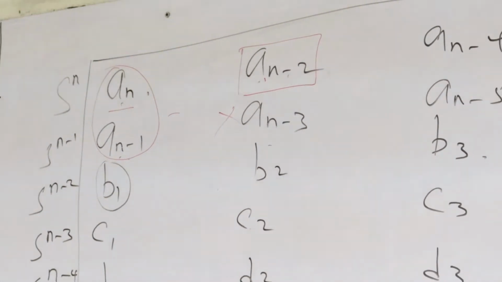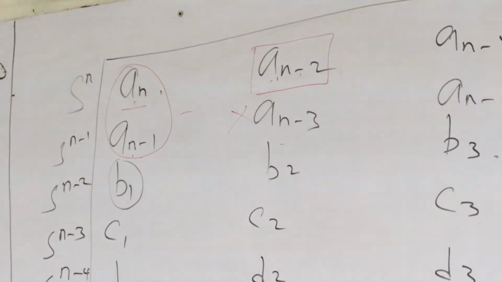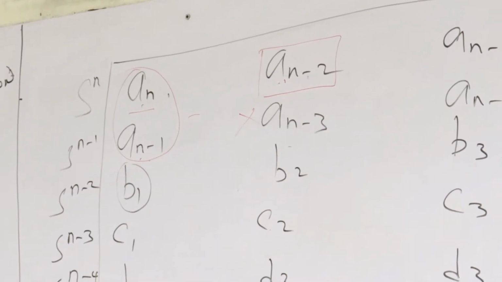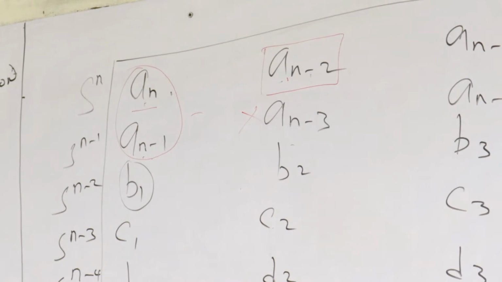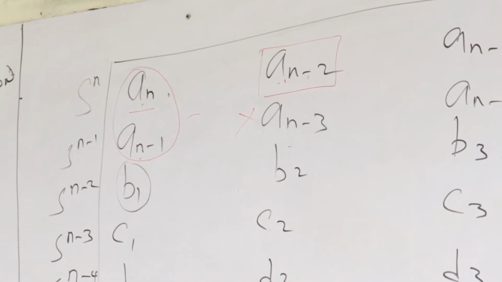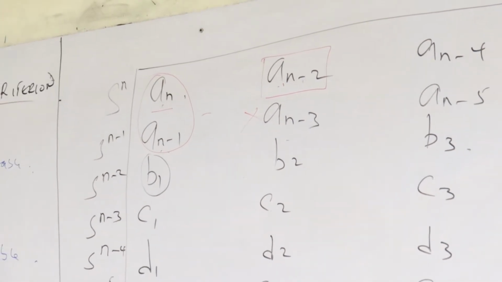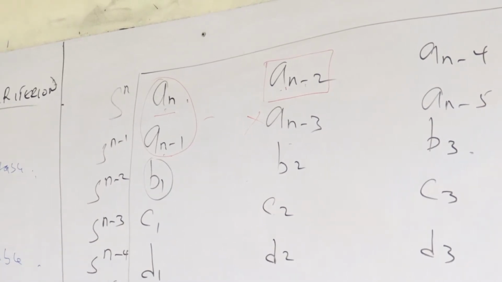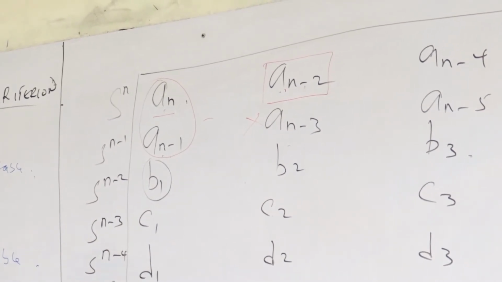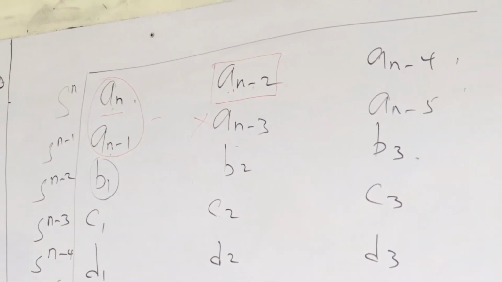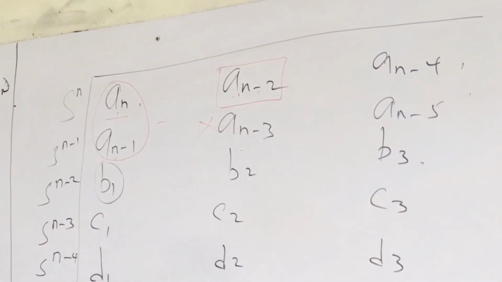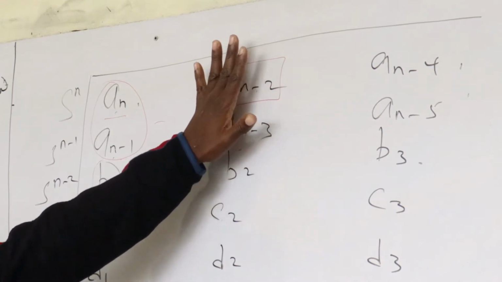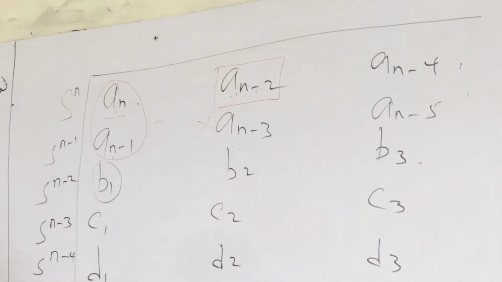Is it clear? So I want us to look at how you are going to get B2. As we have said, the first column must always be involved, so you must ensure that you use the first column. For us to get B2, we are going to seal this so that it is not there.